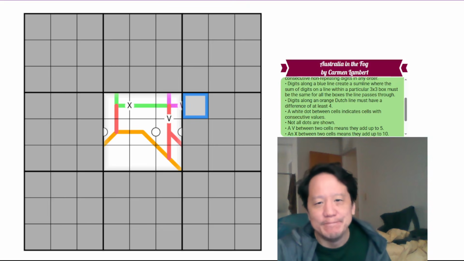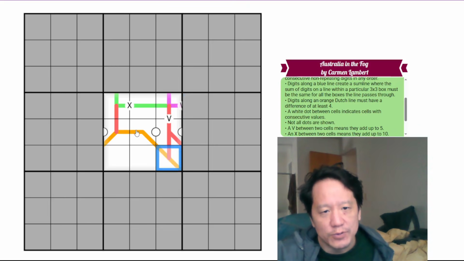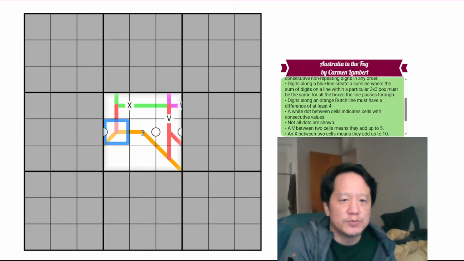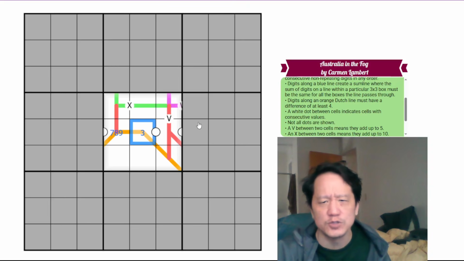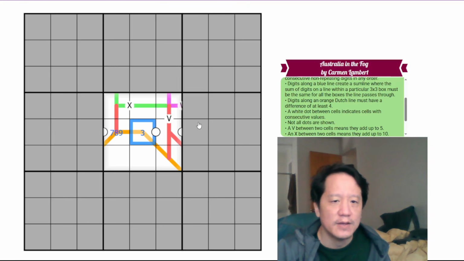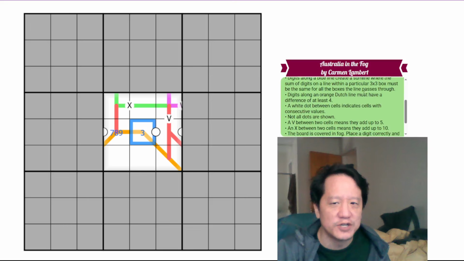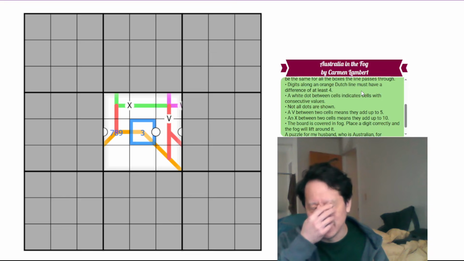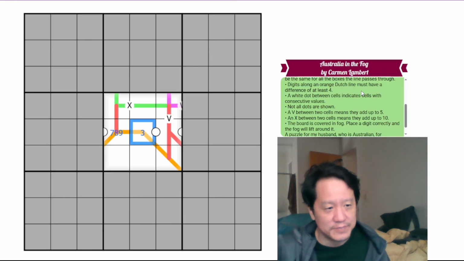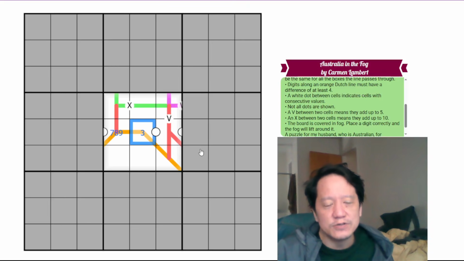Anyways, if this were say a 3 here, this would have to be 7, 8, or 9 to be next to it on the whisper 4 line, Dutch whisper line. I think they meant to say Dutch whisper instead of Dutch line because Dutch line is not known as a rule set at all. Anyways, those are examples of how a whisper 4, or otherwise known as a Dutch whisper line, works.